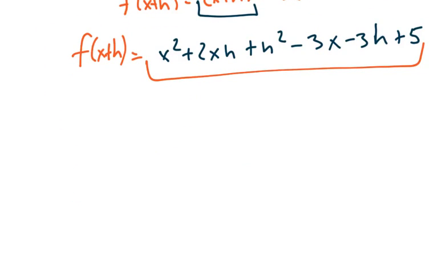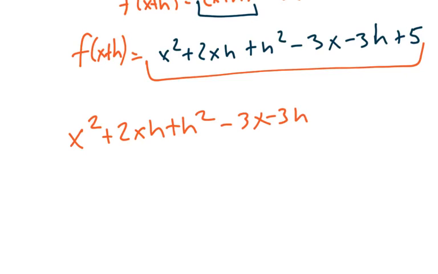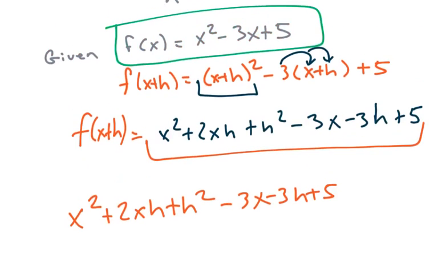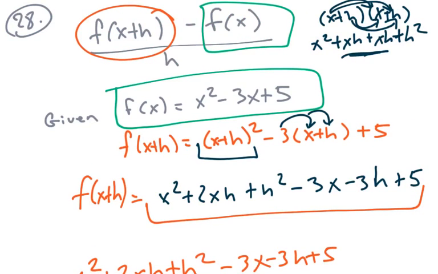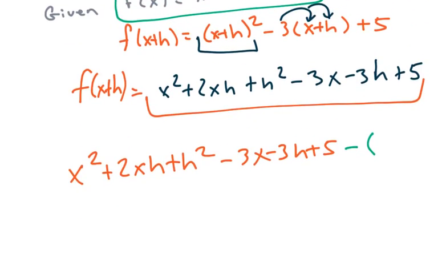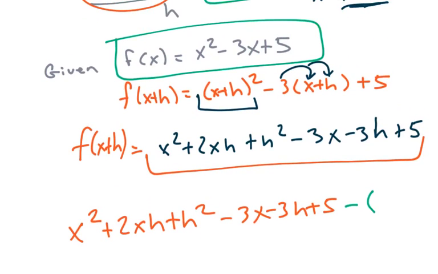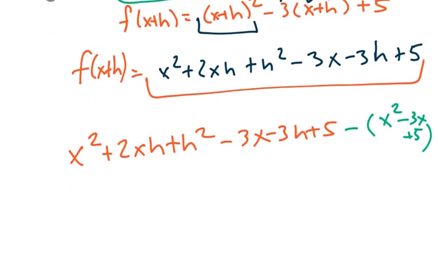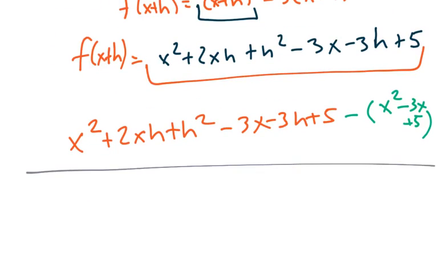The first part is x squared plus 2xh plus h squared minus 3x minus 3h plus 5. And the second part is minus f of x, which is x squared minus 3x plus 5. And all of this is over h.